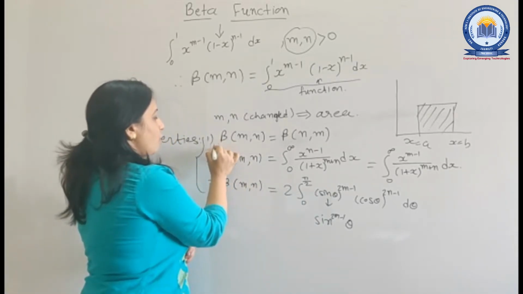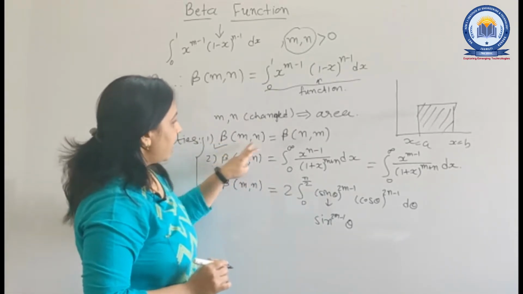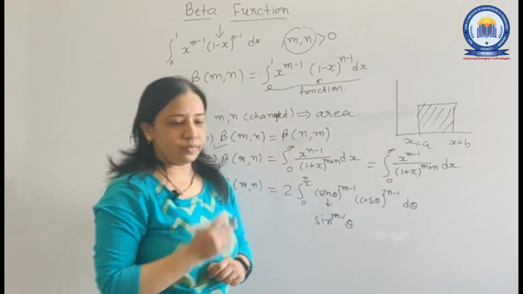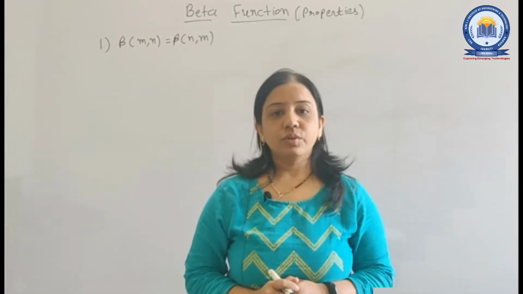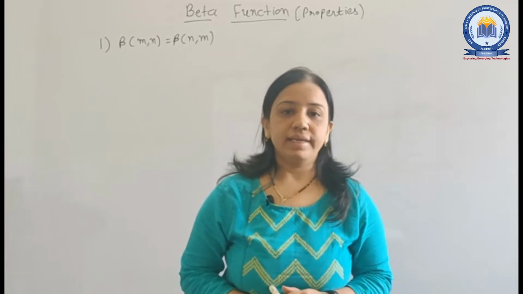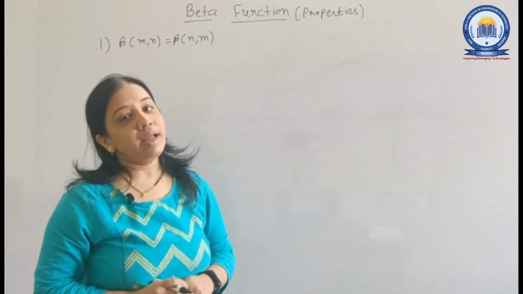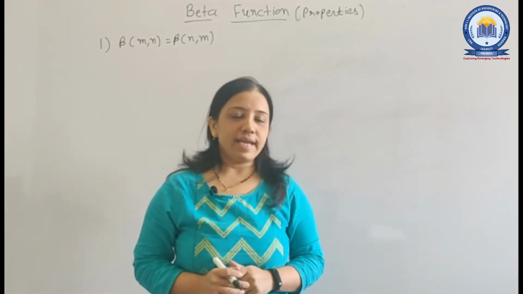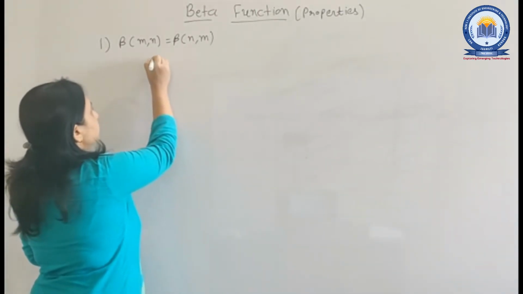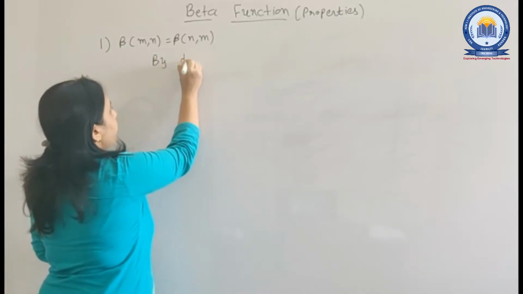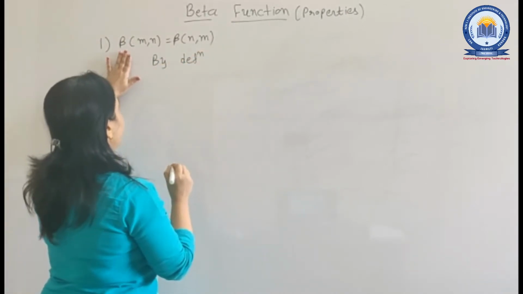So first we'll go for the property of symmetry. The first property is beta(m,n) equal to beta(n,m). First we'll start with the definition of beta(m,n).